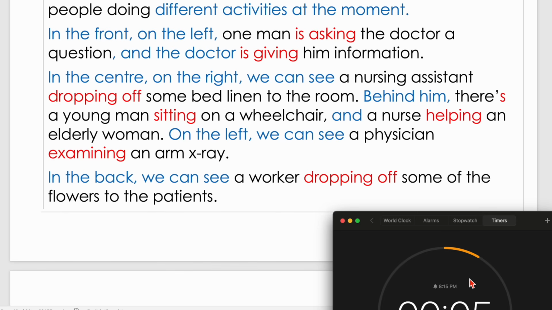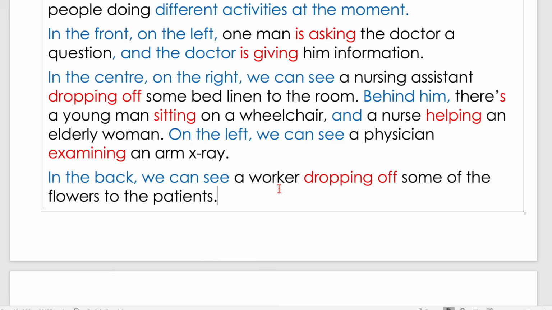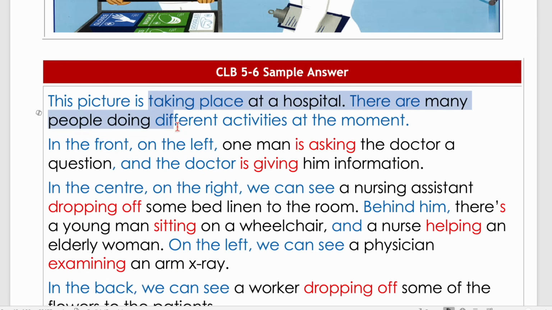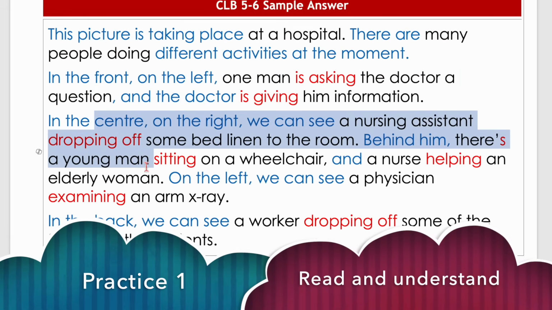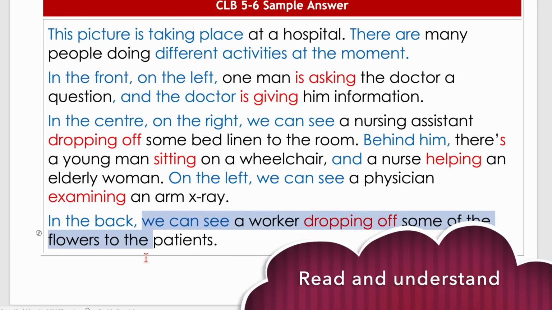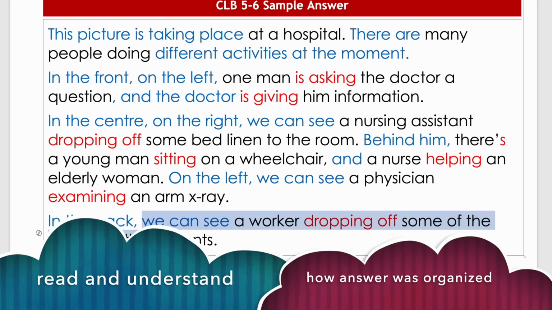Very good. So you see, I spoke that slowly and clearly in 1 minute, okay? Which should be the flow and intonation for this level. So what can we do to practice? Well, to practice, everyone, we should try to read and understand how we organize the answer. Very important to read and understand.